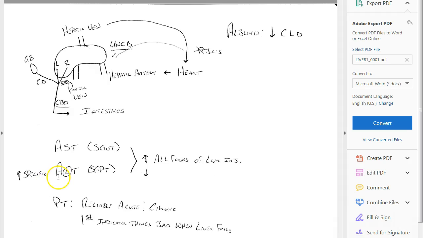Anyway, it will decrease when things start to get better with the liver after an injury or insult, or when all of the hepatocytes, all of the cells are dead. So that's why it's a little bit more specific.